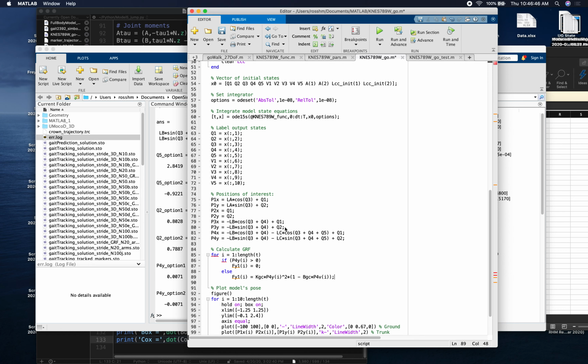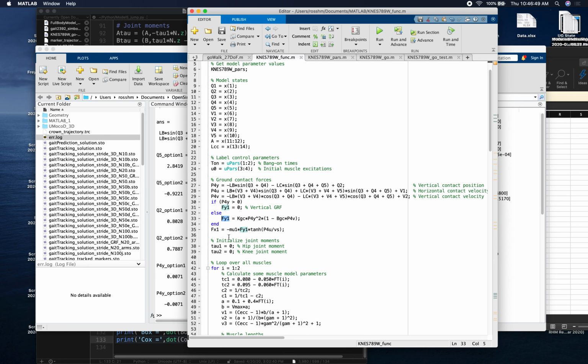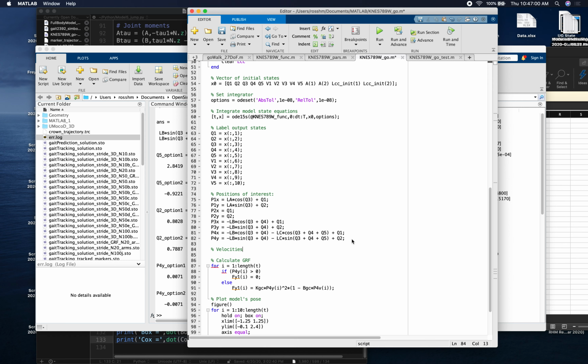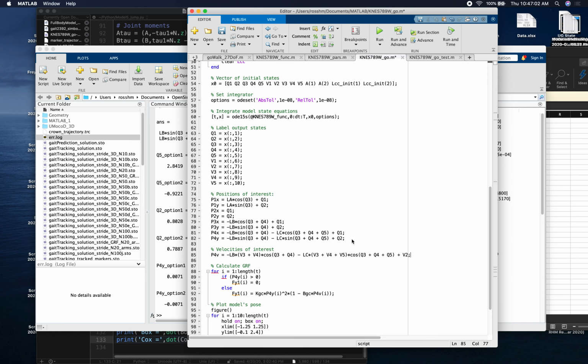And I need my expression here for the velocity of that contact point, so let's go grab that and pull it over here. And need some scalar multipliers here.